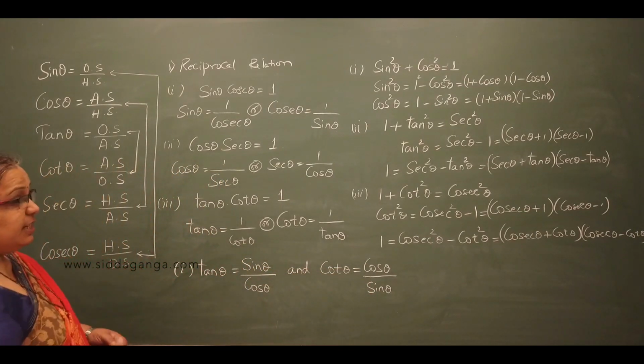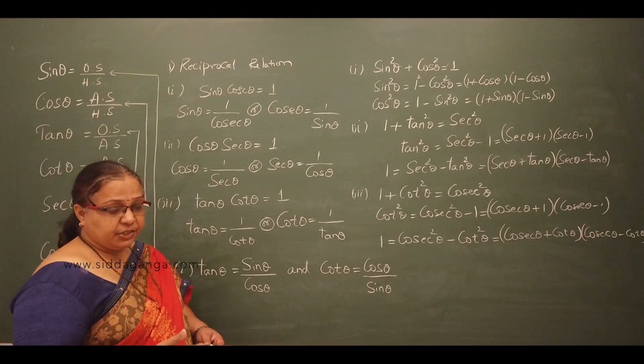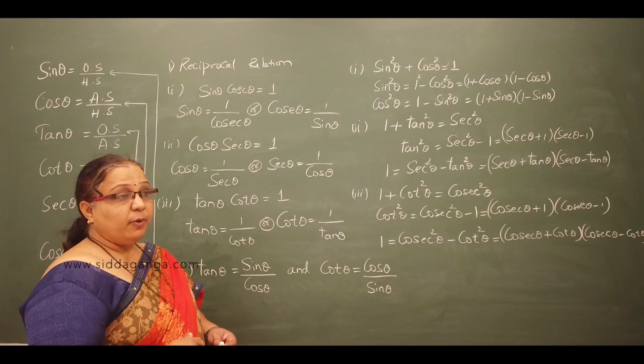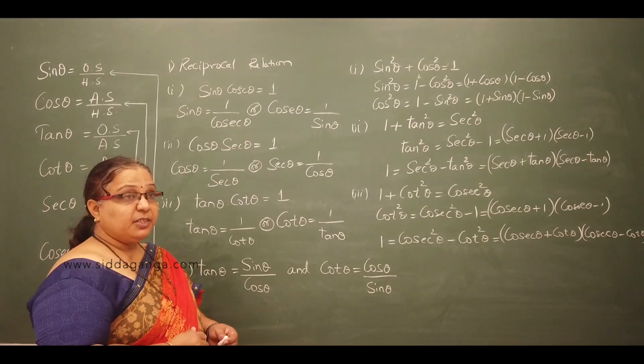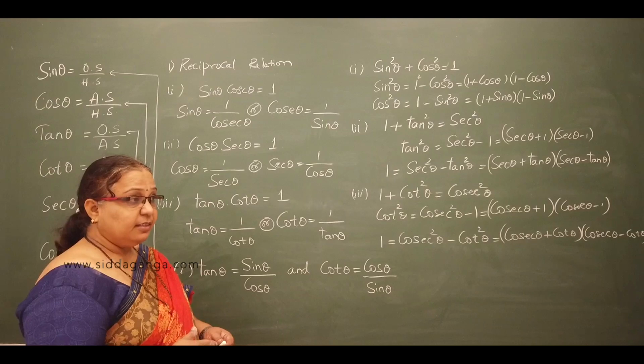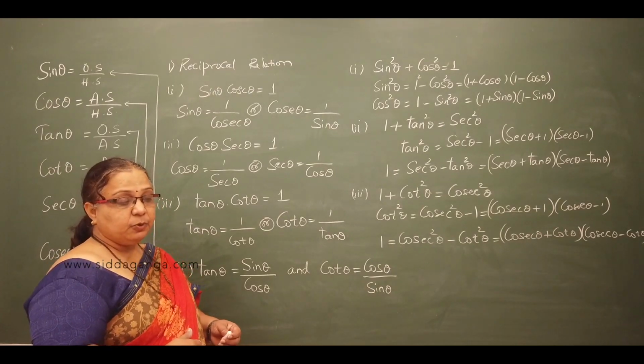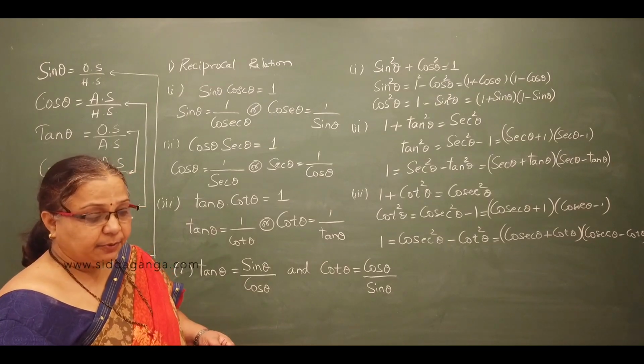The next unit is about the quadrant rule. That means in which quadrant the ratios are taken as positive and the ratios are taken as negative.